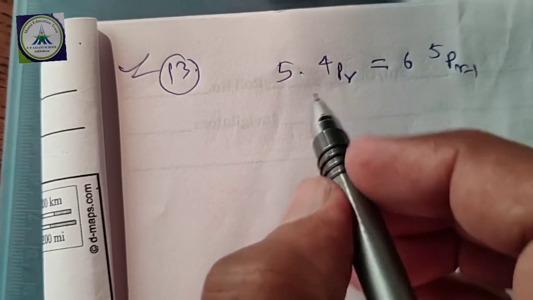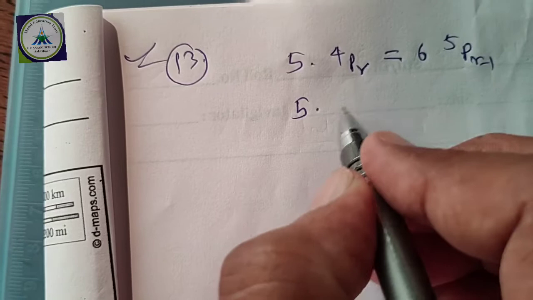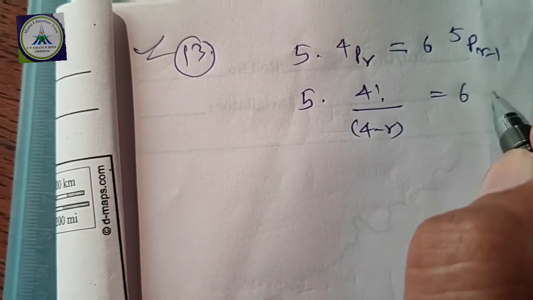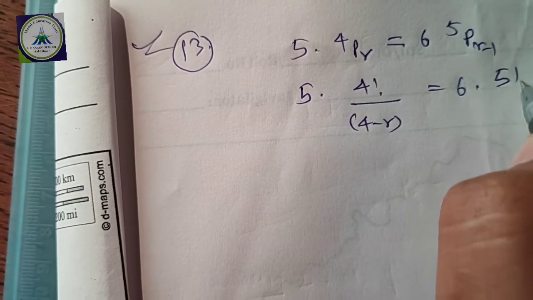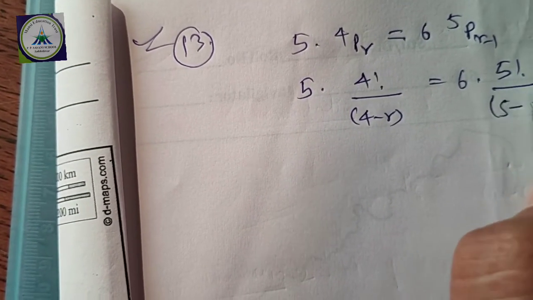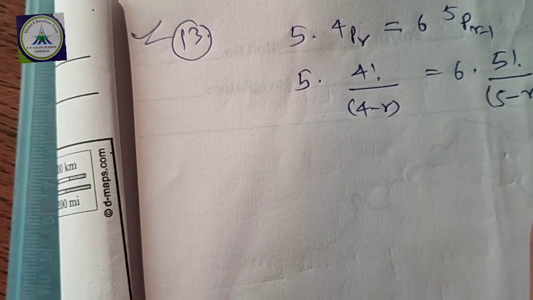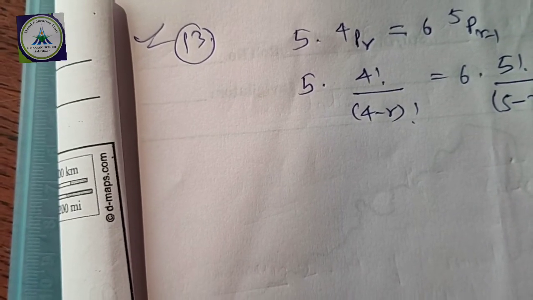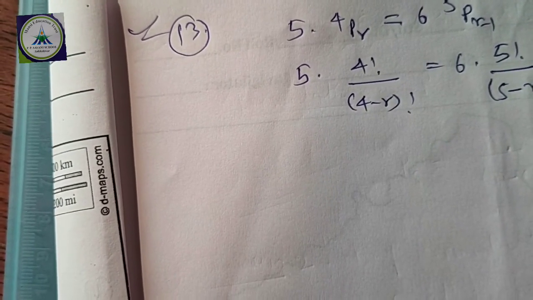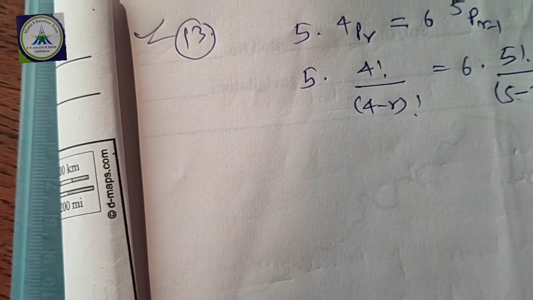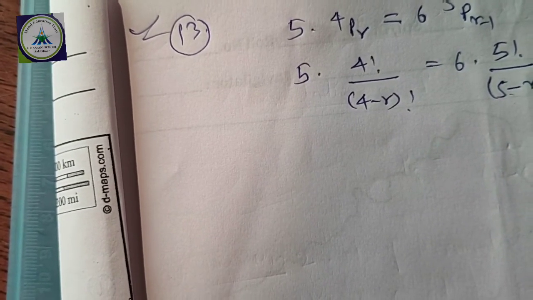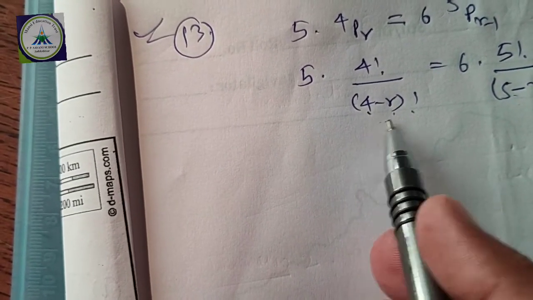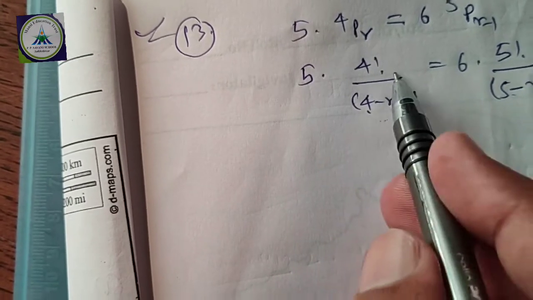So use the permutation rule: 5 times factorial 4 upon factorial 4 minus r equals 6 times factorial 5 upon factorial 5 minus r plus 1, that is 6 minus r factorial. Change this to the 4 minus r form and this 5 to factorial 4. Keep the minimum value the same, and change the maximum value into factorial form.